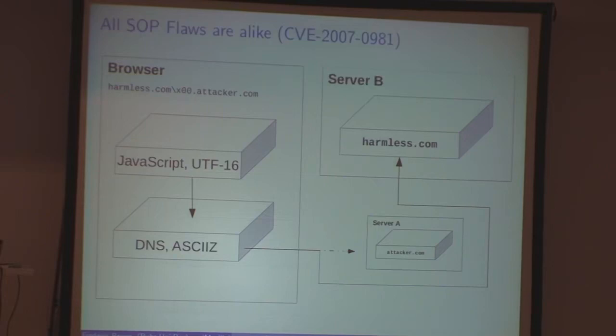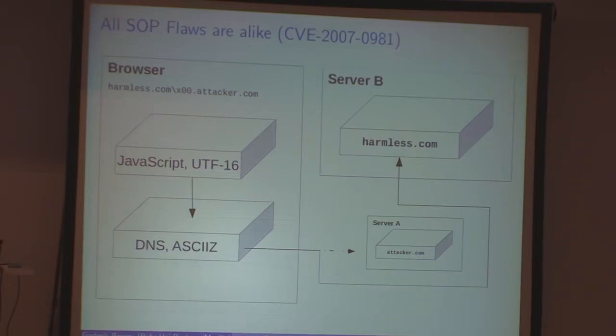And then harmless.com being the attacked web page and attacker being the evil web page you're on. And then instead of actually going to something that is supposed to be in attacker.com, you could circumvent it and access stuff from harmless.com and bypass the same origin policy using this vulnerability.